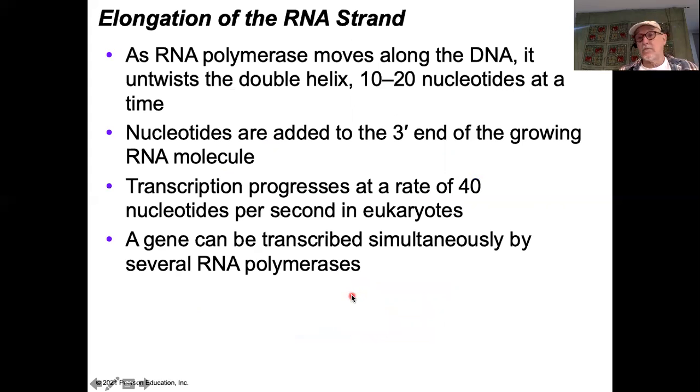So it unwinds about 10 to 20 nucleotides at a time, not very much, not nearly as much as in replication. But it also moves relatively slowly, about 14 nucleotides per second, as opposed to the hundreds or thousands that are replicated during DNA replication.